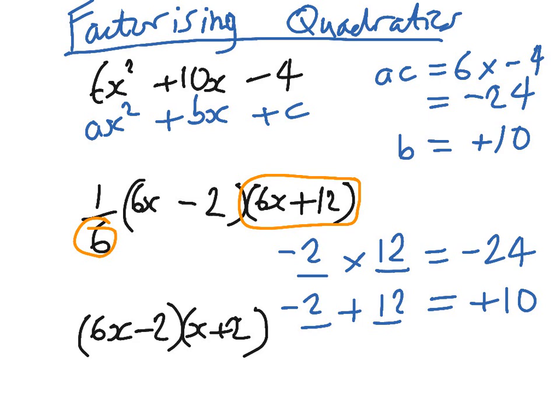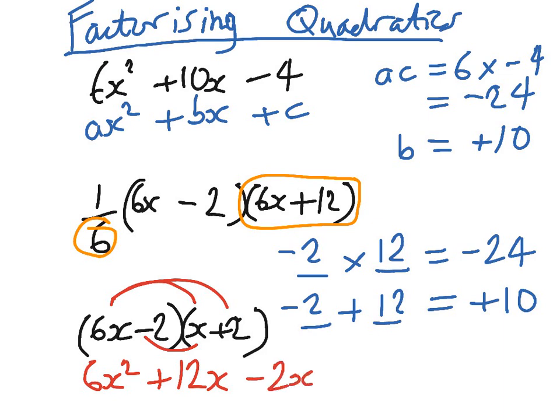If you want to double check that you've got it correct, you can expand the brackets. So 6x multiplied by x is 6x squared, multiplied by 2 is plus 12x, -2 multiplied by x is minus 2x, -2 multiplied by 2 is minus 4, and collect together the like terms, so I end up with 6x squared plus 10x minus 4.